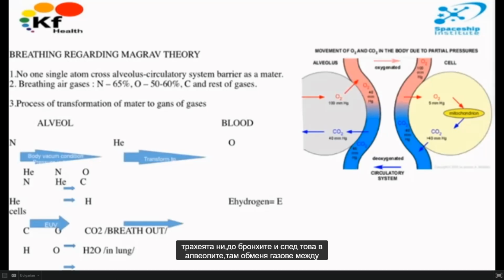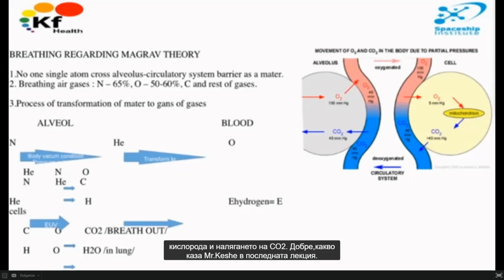In the alveoli, gases are exchanged between the alveoli and the circulatory system. So we exchange hydrogen, we exchange oxygen and CO2 between the air in the alveoli and our circulatory system, and this depends on the pressure of oxygen and of CO2.